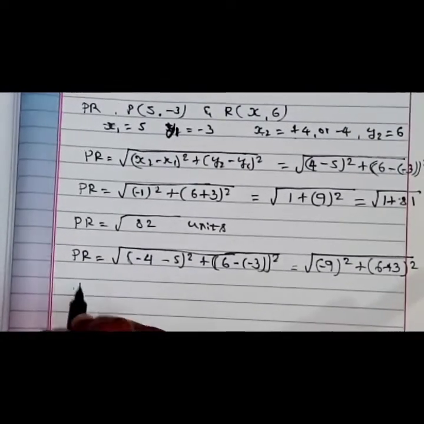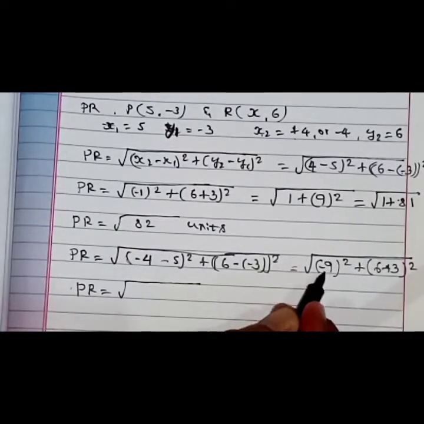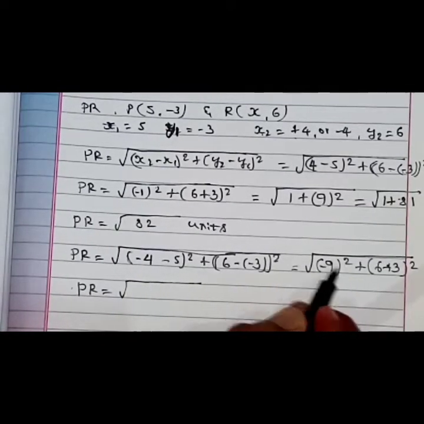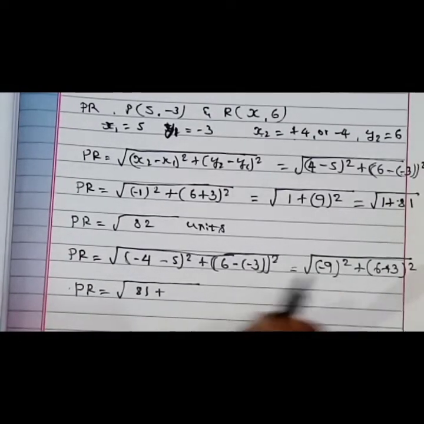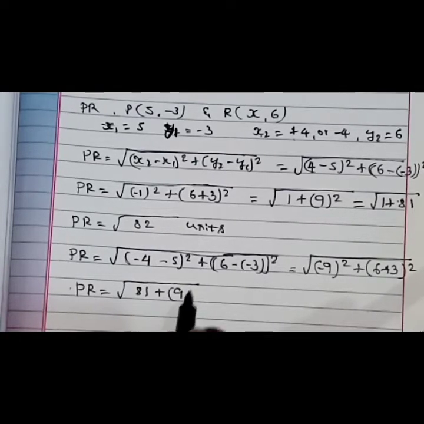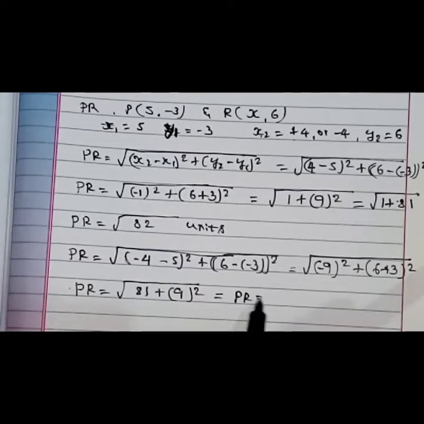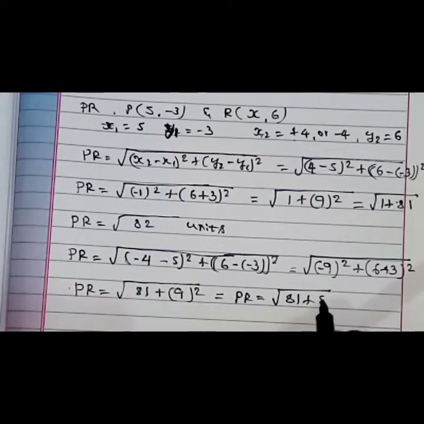So PR is equal to the square root of minus 9 square; any minus square will be plus, so minus 9 square is plus 81, plus 6 plus 3 is 9 square. Okay, so PR is equal to, right children, the square root of 81 plus 81.